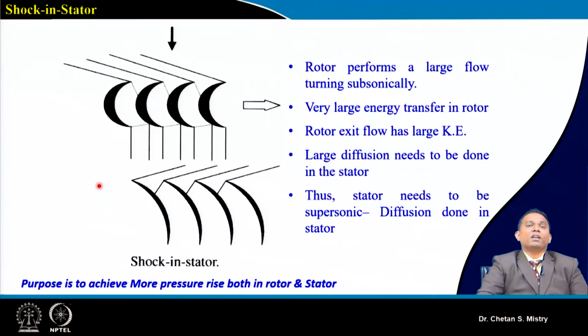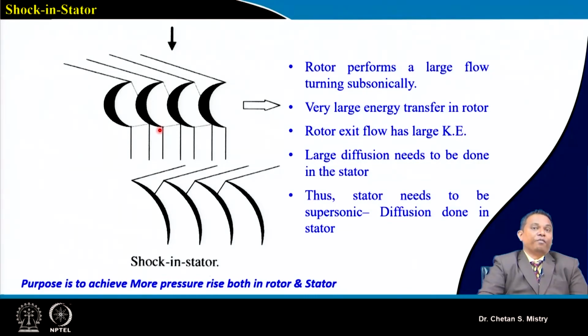Now there are other configurations in which we will have shock in the stator. You can see here this is a kind of aerofoil for the rotor. A whole lot of acceleration, or large turning of the flow, is happening inside the rotor. When the large turning happens, the exit kinetic energy becomes larger.